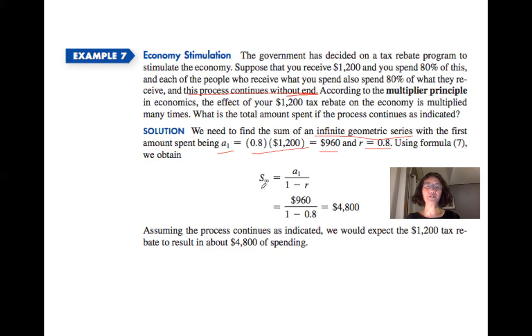So use the formula: for all the money spent, you add them all, equal to A1 over 1 minus R, and you figure out this is the total money. So we would expect the 1,200 tax rebate will result in about 4,800 spending.